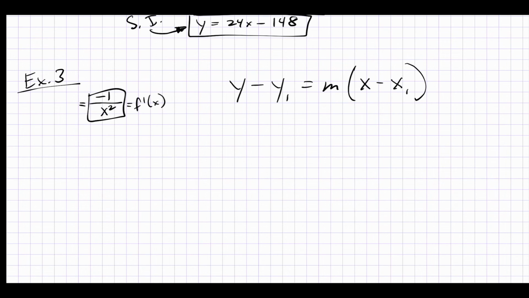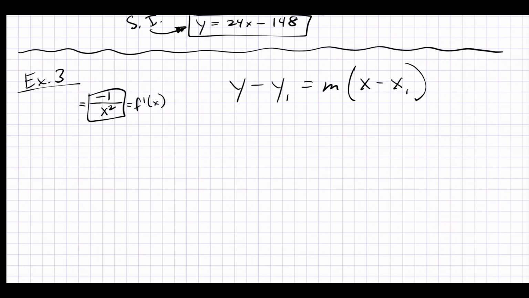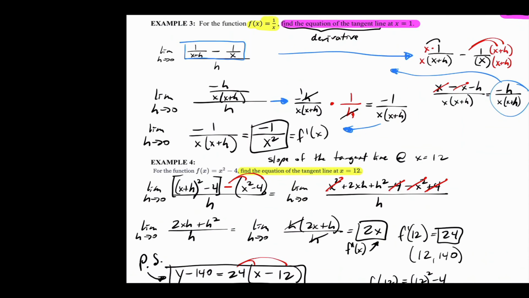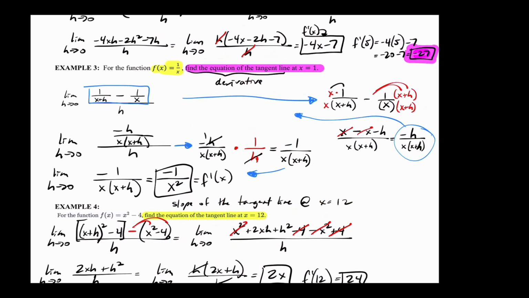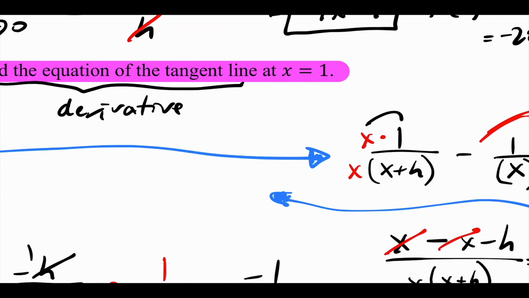Okay. How do I find the slope? Let's start with the slope. We did this on Friday. How do I find slope first? There you go. Yep. They said they want us to find it at x equals 1.